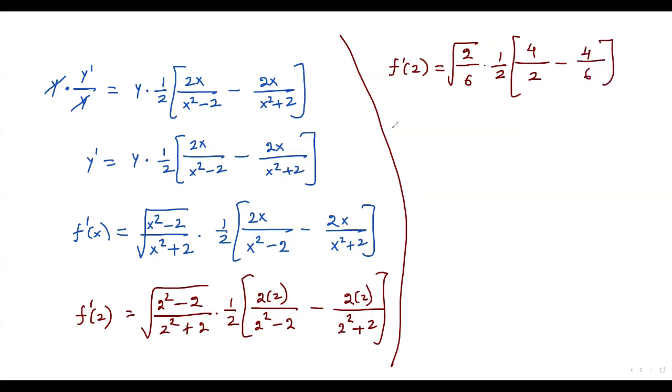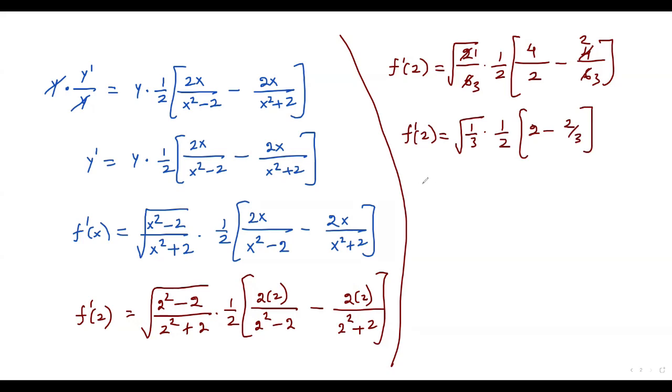Then we get f'(2) equals, so 2 goes into 2 once, 2 goes into 6 three times, so square root of 1/3 times 1/2. So 4 divided by 2 is just 2, minus 4 over 6: 2 goes into 4 twice, 2 goes into 6 three times, you get 2/3.